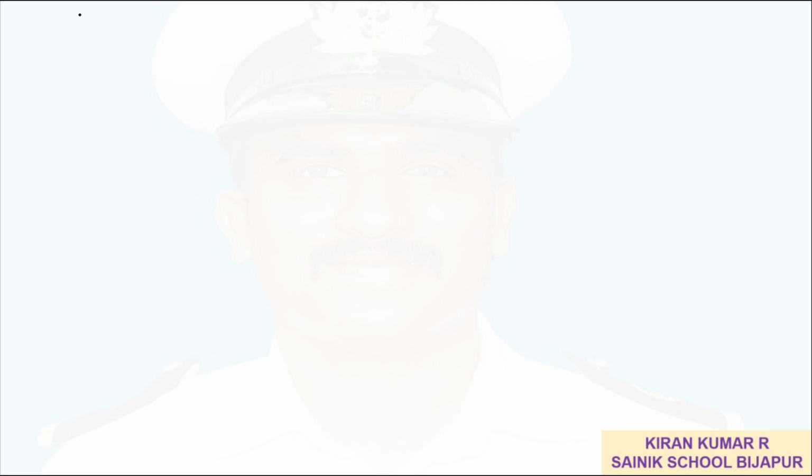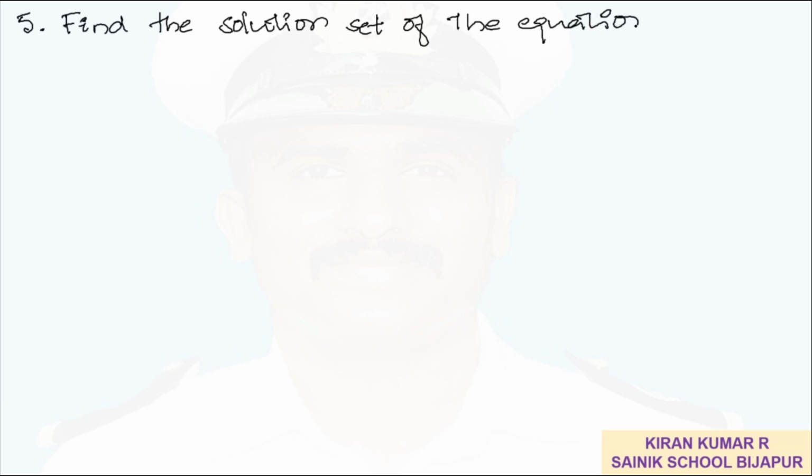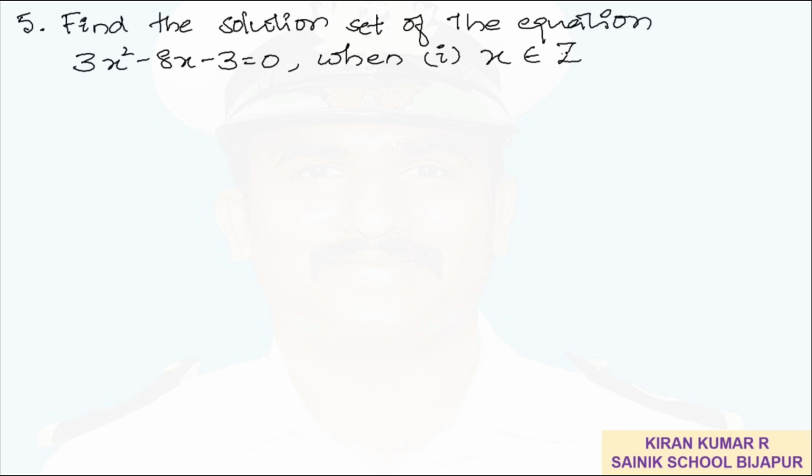Next, question 5, it's more or less related to question number 3. The question 5 is find the solution set of the equations 3x square minus 8x minus 3 equal to 0 when first one, the root is integer.